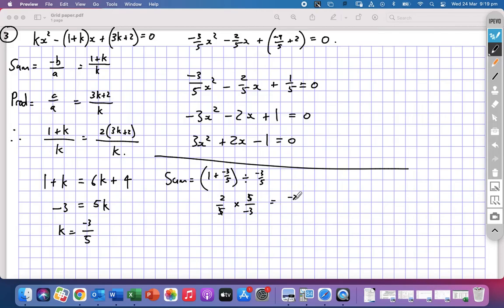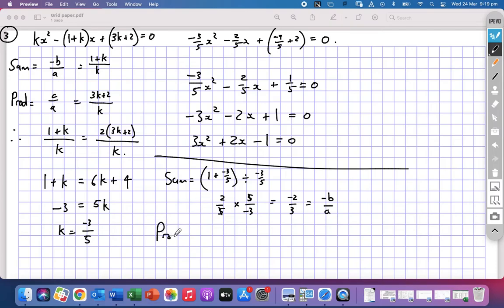We get minus 2/3. Now if you remember, that's our minus b on a term. So the a is 3. Yeah, that's what I had here. A minus b is a minus 2, so b would be a 2. That's what I had here.